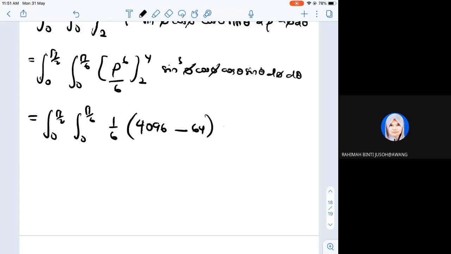Okay. So sin cube phi cos theta. You have to do substitution here. Next integration.